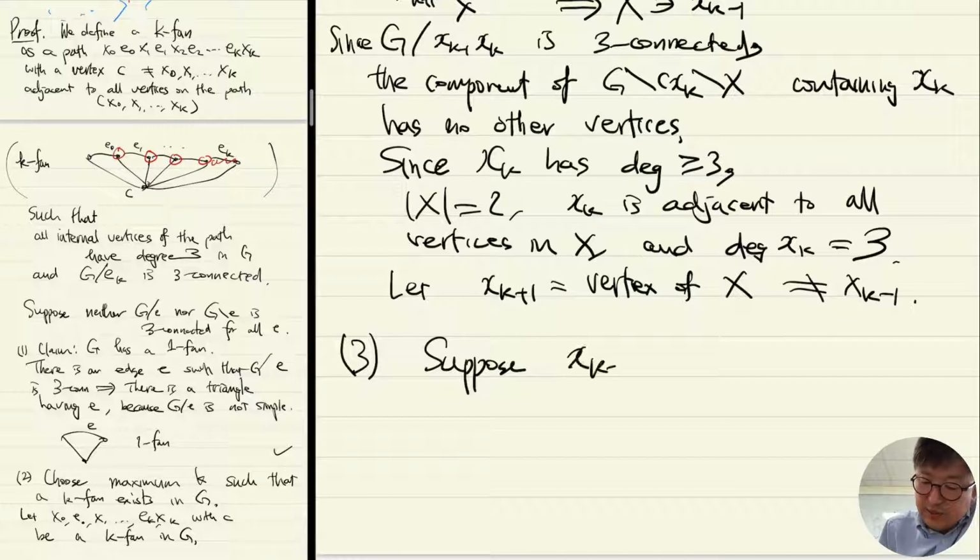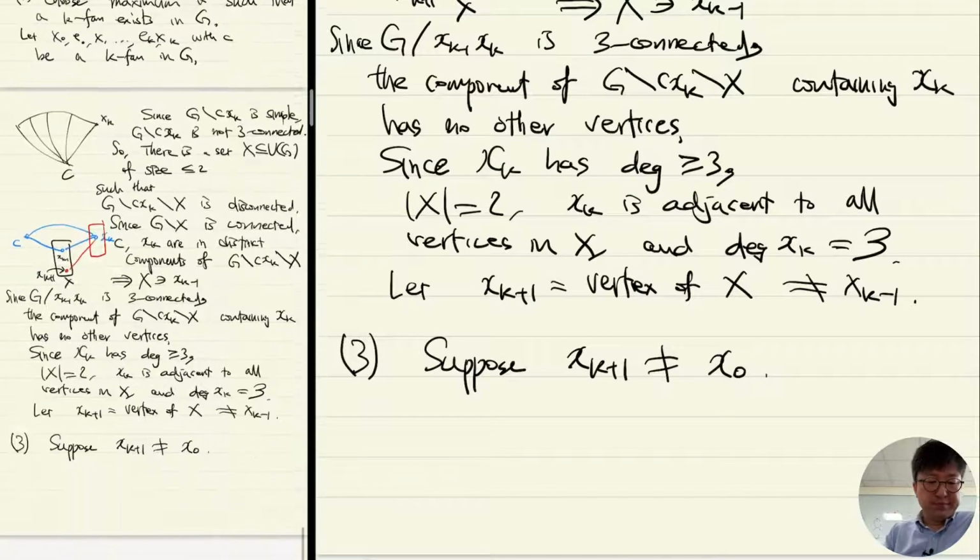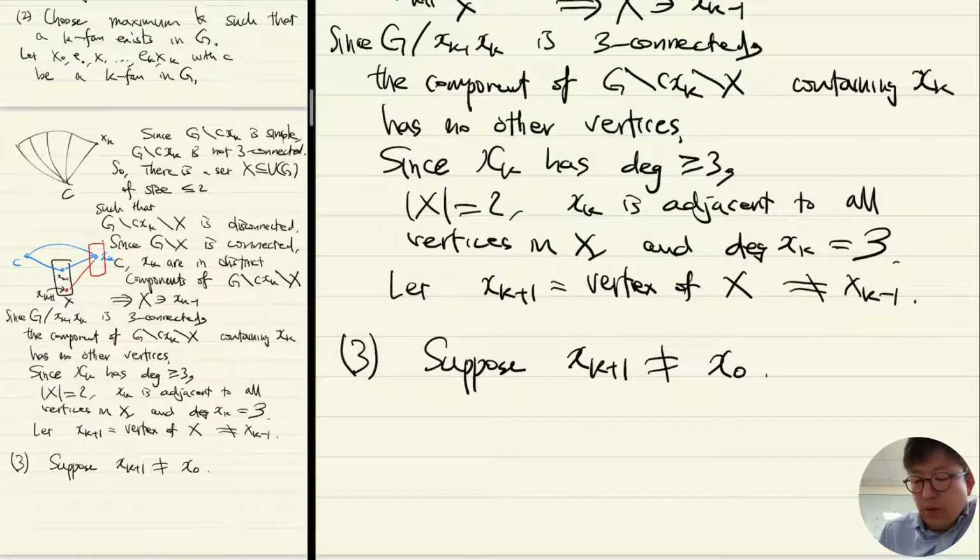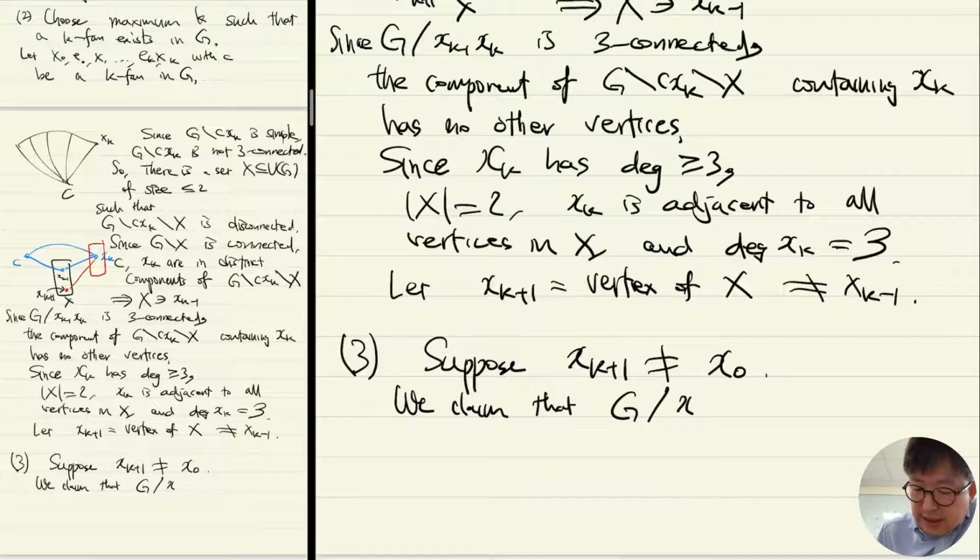Suppose xk plus 1 is not equal to x0. If this is the case, then we claim that G contract xk plus 1 is 3 connected.